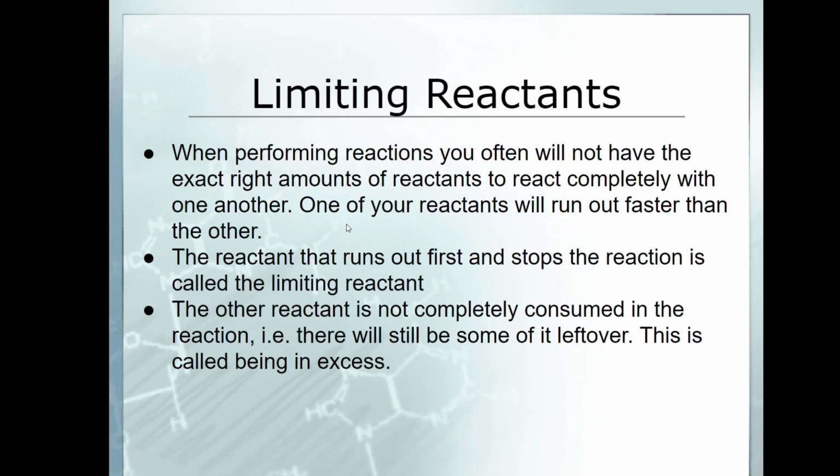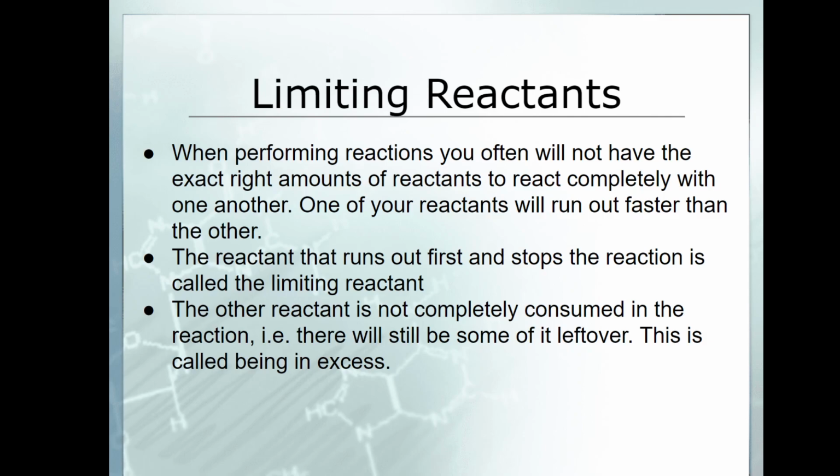Alright, so like we talked about in class, the basis of limiting reactants is that when you perform any reaction, you're pretty much never going to have the exact right amounts of each reactant so that they both get completely used up. One of them will always run out faster than the other one. Think of it like when you're making hot dogs.